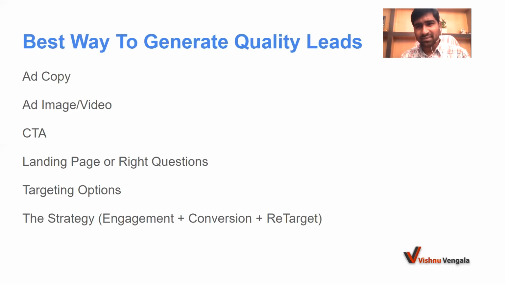So you can just run some video engagement ads on Facebook, and you collect the data, and from that data you can retarget with a conversion ad or lead form ads.